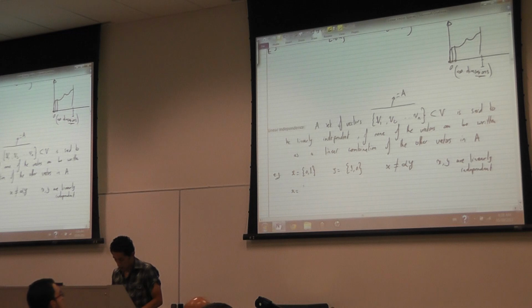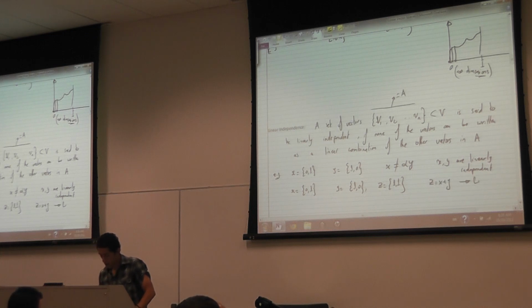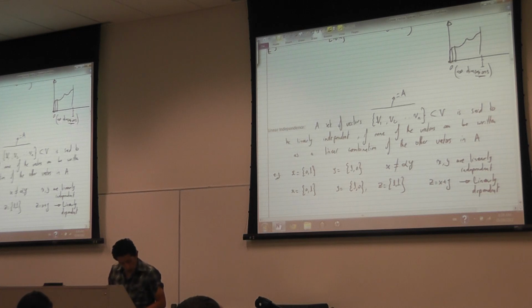Now x is equal to (0, 1), y is equal to (1, 0), z is equal to (1, 1), and z is equal to x plus y, so these are linearly dependent. So we've defined linear independence.